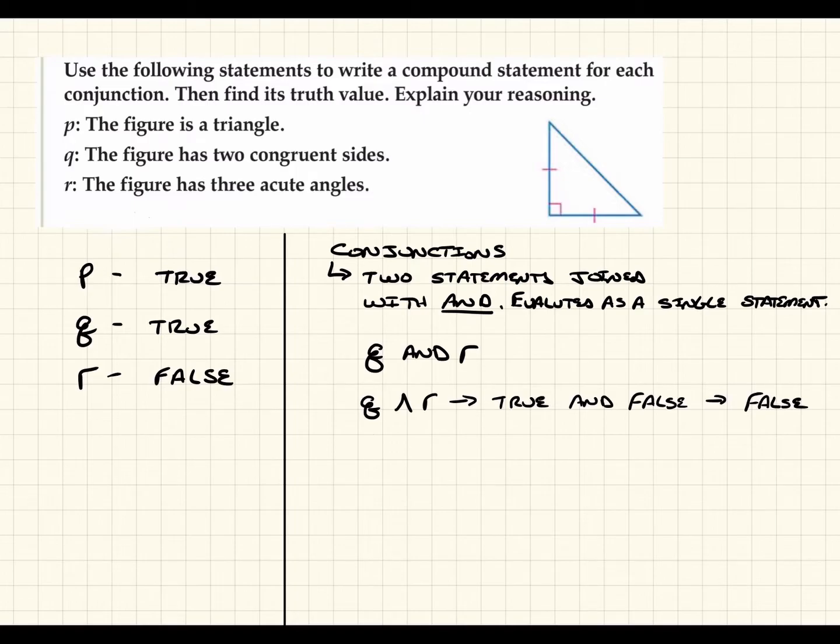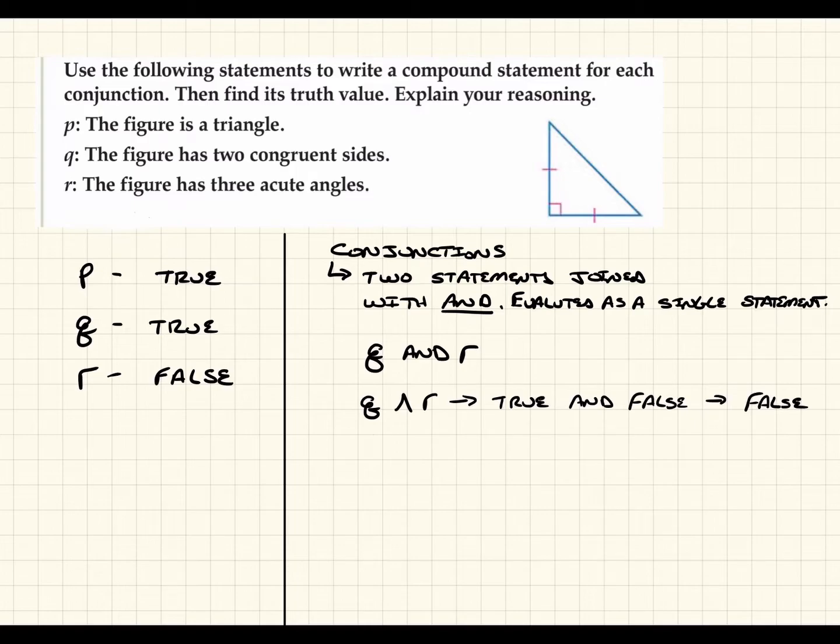So the conjunction, the statement that says the figure has two congruent sides and the figure has three acute angles, is false.